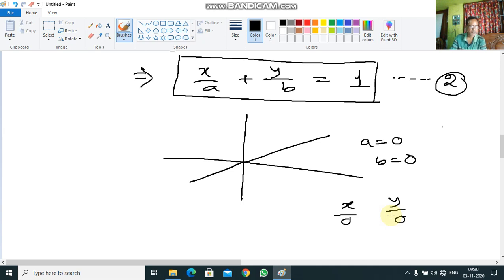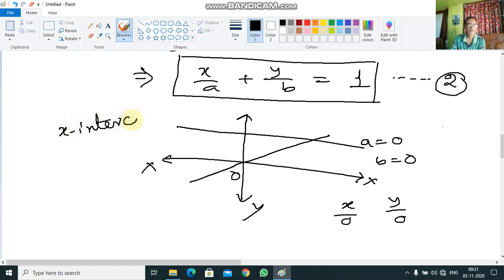4. A line parallel to the x-axis does not intersect the x-axis at any finite distance, and hence we cannot get any finite x-intercept, that is a, of such a line.